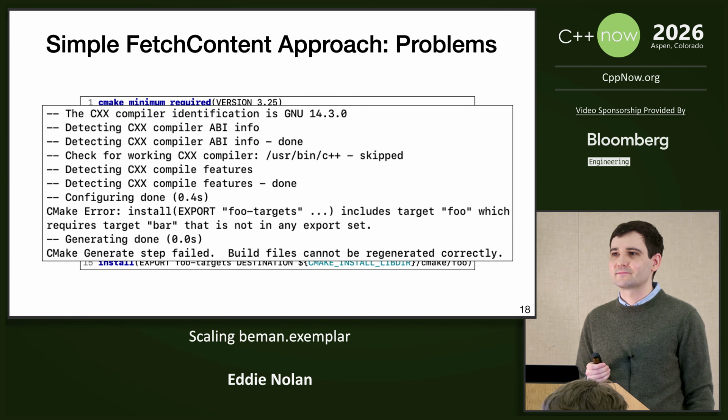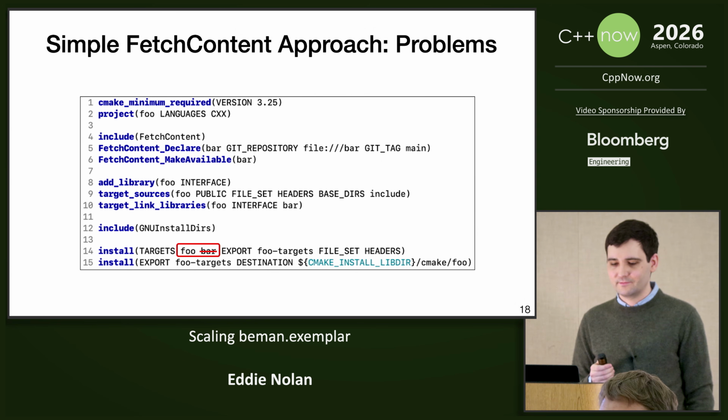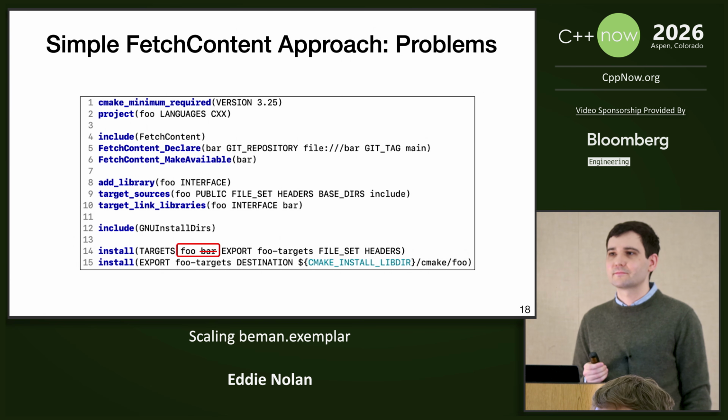It just gets you past this one error message. Putting it in a separate export set just gets you past this one error message. No, like you're saying, instead of an unqualified install, you have the component field, which is exactly for this, disambiguating between a foo install and a bar install. We can talk about it after. I'm pretty sure you're going to get an error message anyway. Okay, that might be true.